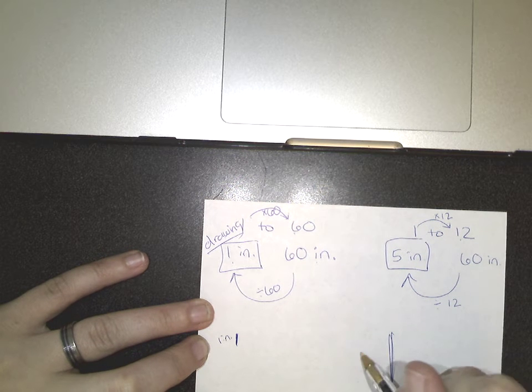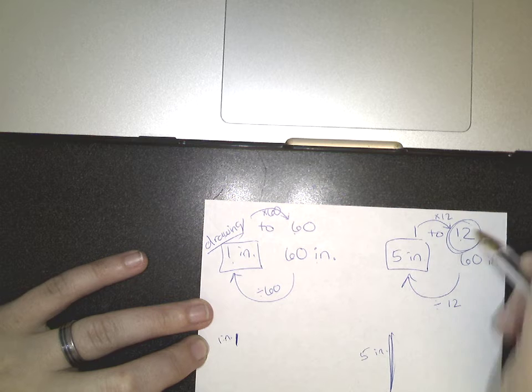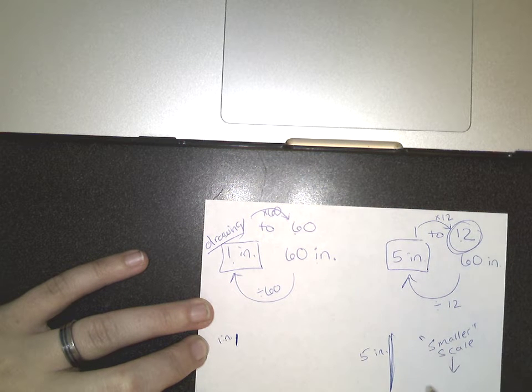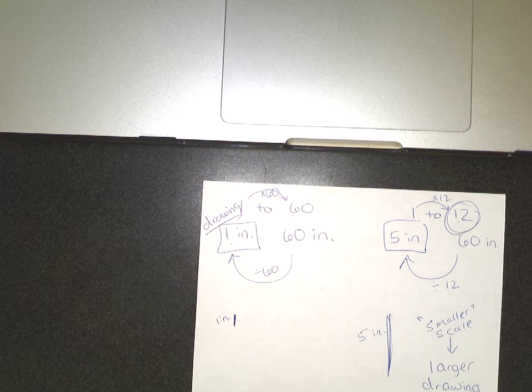Here, it's 5 times that. It's 5 inches. So at a smaller scale, we have a larger drawing. And that was something that we looked at a couple days ago. All right, so that was our practice check.